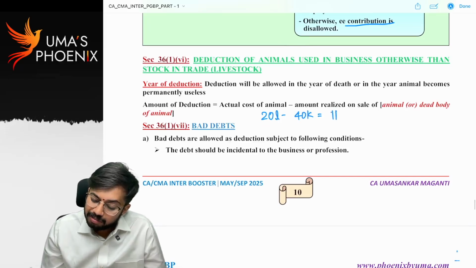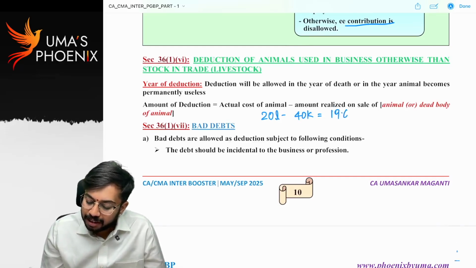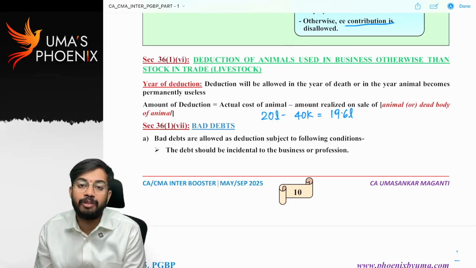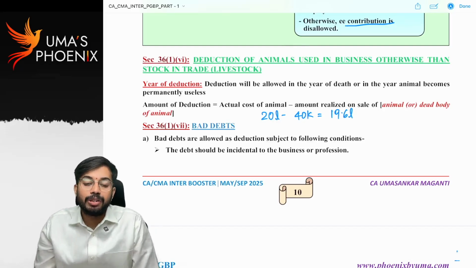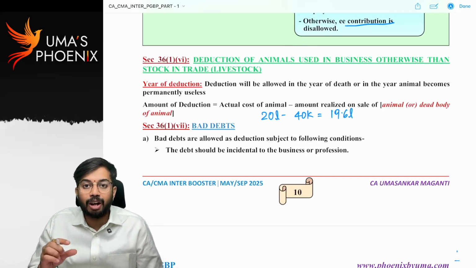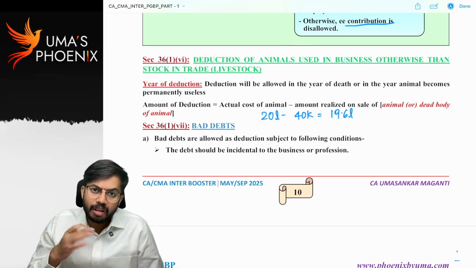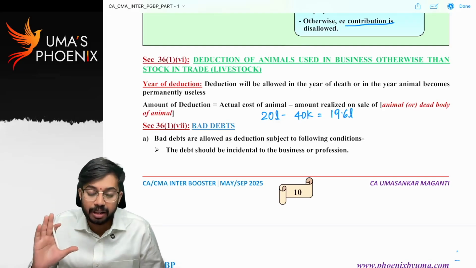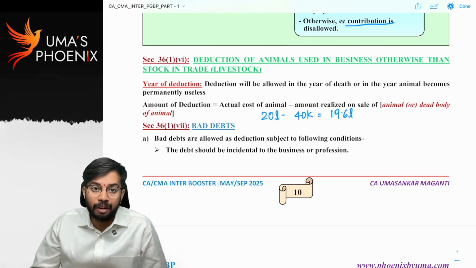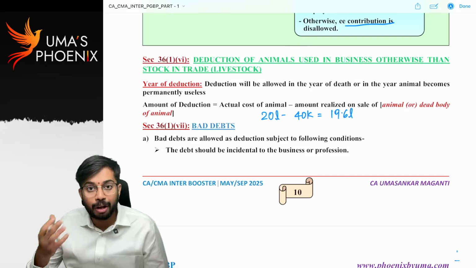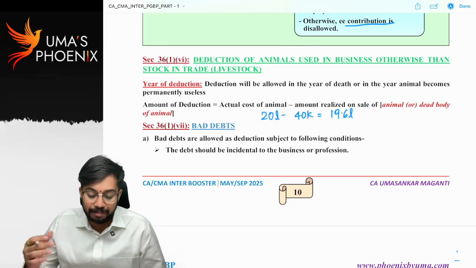How much? 19 lakh 60,000, correct? 19.6 lakhs will be my expenditure and that will be recognized in the P&L account. So in case of animals, in the year of death or in the year they become permanently useless, we will recognize the expenditure. The amount of expenditure allowed as deduction is equal to actual cost minus the amount realized on sale of the dead body of the animal or on sale of the animal.